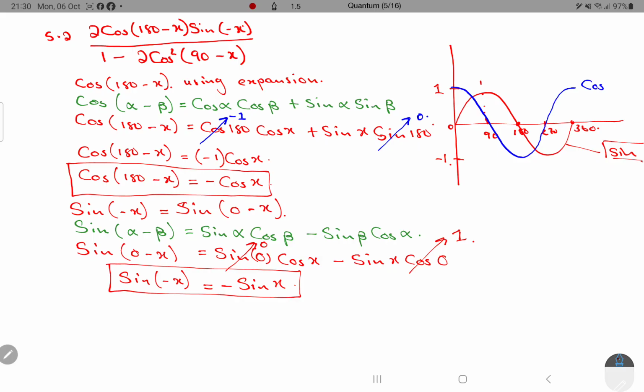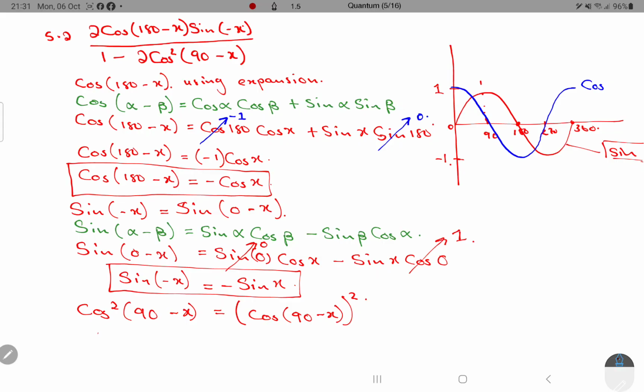All right? So for the bottom part, we have a cos. Remember, we are just breaking out the trig. Cos squared of 90 minus x can be written as the bracket of cos of 90 minus x, squared.